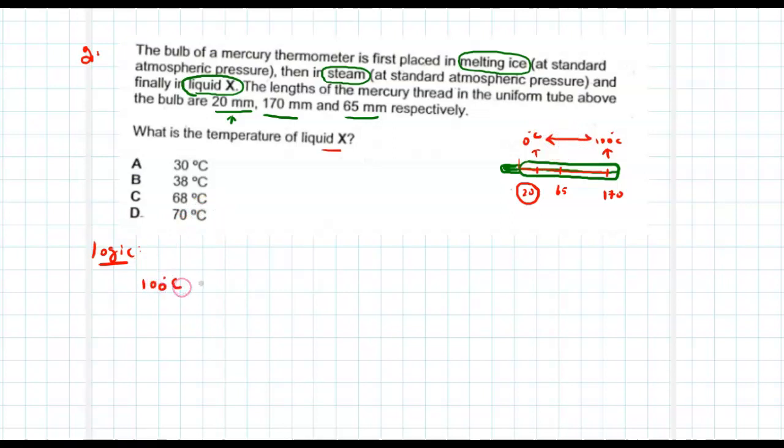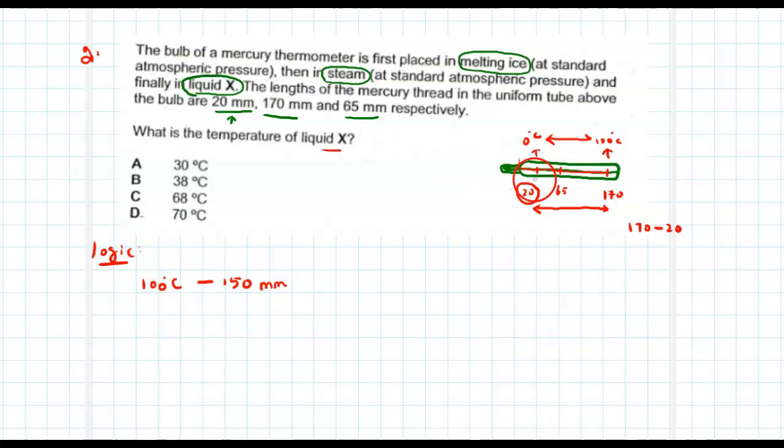What is the length in between 0 to 100? 170 minus 20, which means 150. The length is 150 millimeter for 100 degrees Celsius.